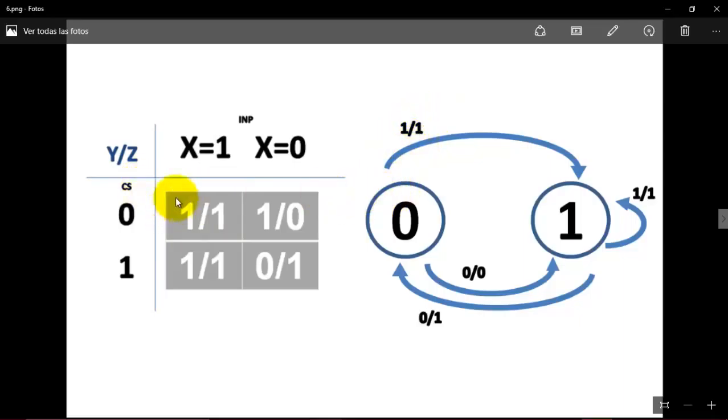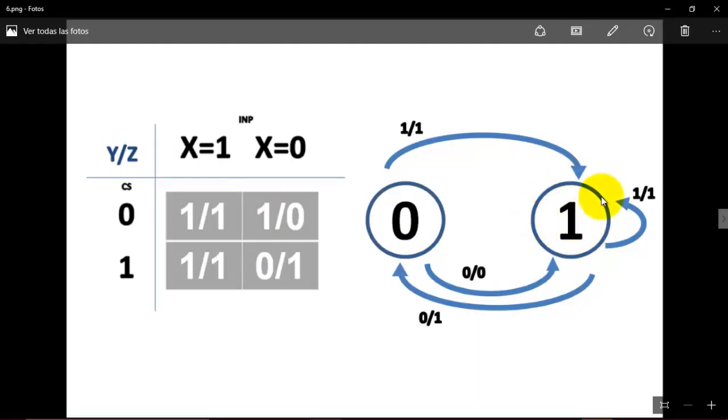Then we are going to go to the next state, which is going to be 1. In our example, we are here, which is our current state. So our input is going to be 0, our output is going to be 0, and our next state is going to be 1.